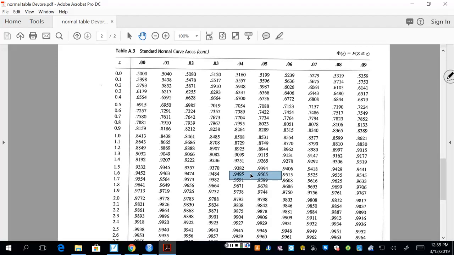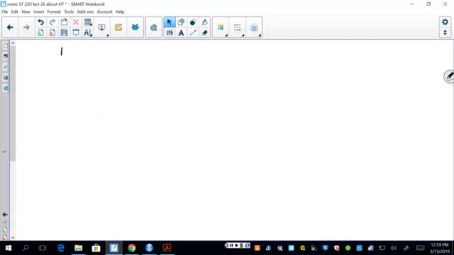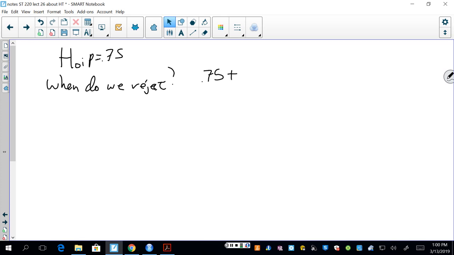So power is the chance that we would reject. We'll say the null hypothesis is that P equals 0.75. When do we reject? Well, we have to have something at P0 plus a normal value; we just work this out. We reject if p hat is greater than p0 plus a normal value times the square root of P0, 1 minus P0 over n.